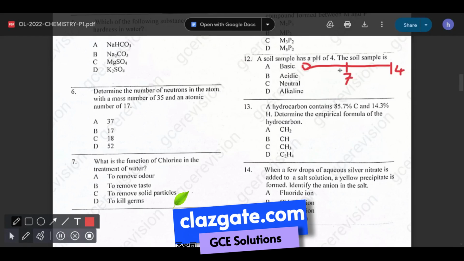From 6.9 to 0, we have acids. If it was something between 7.1 and 14, we would have had a base, but here the pH is 4, and 4 is between 6.9 and 0, so our answer is acidic. The answer is B.